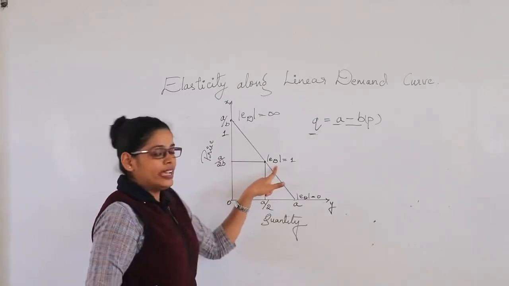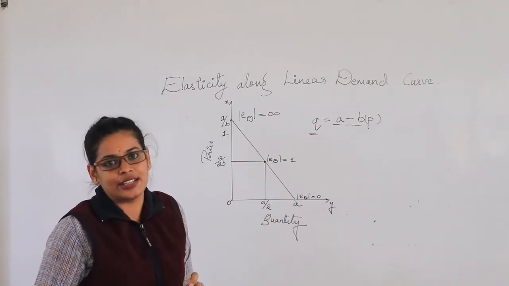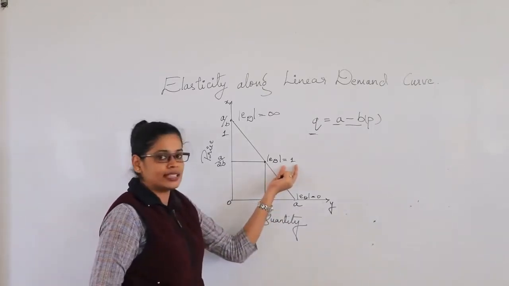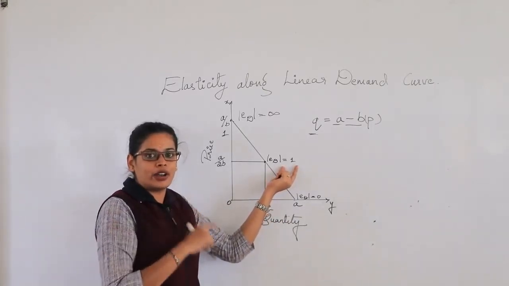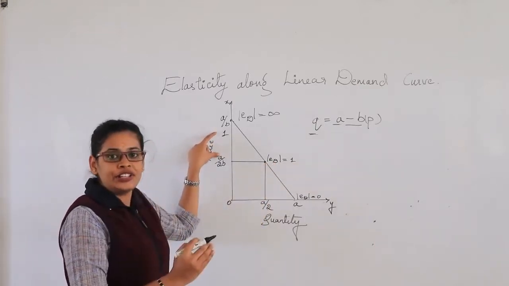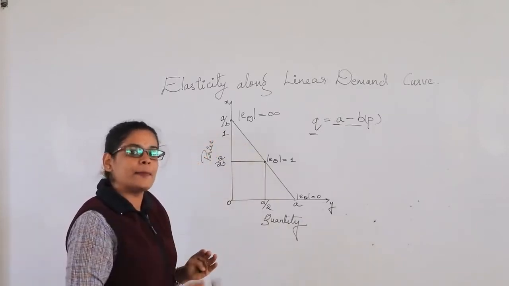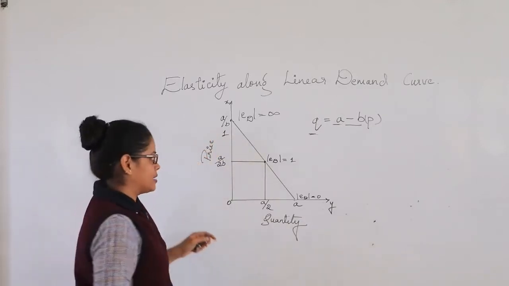That's why it is called unitary elasticity of demand, or ED is equal to 1.